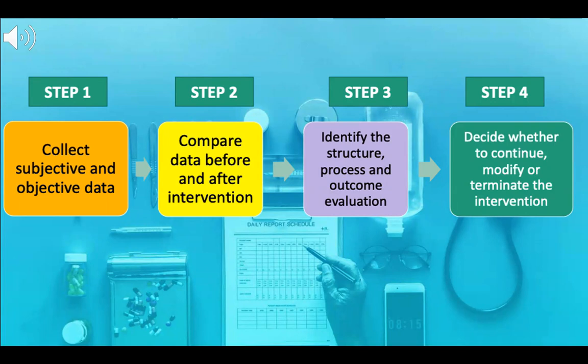Okay? And after comparing, then we identify the structure, the process, and the outcome evaluation. And then step 4, we decide whether to continue, modify, or terminate the intervention. Okay?